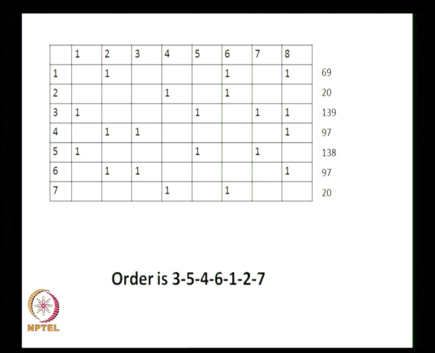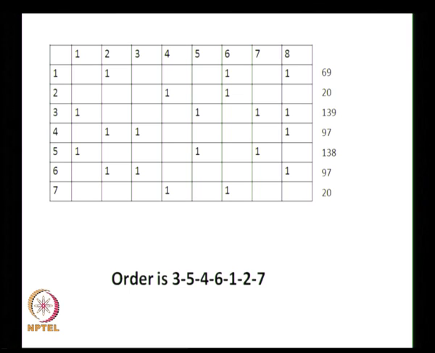So, we consider this machine component incidence matrix. In this matrix, there are 7 machines represented by the 7 rows and 8 parts or components represented by the 8 columns.